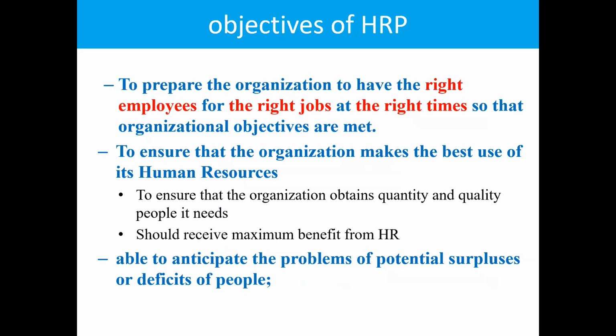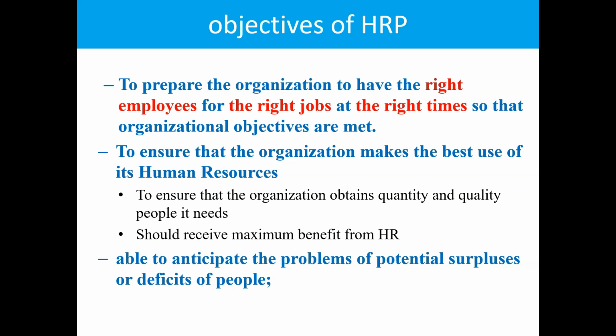Right. So objectives of human resource planning. What are the objectives? The first objective is to prepare the organization to have the right employees for the right jobs at the right time, so that organizational objectives are met. So our main objective is to have smooth functioning of operation. No interruptions are expected due to the cadre reduction, due to the vacancies.